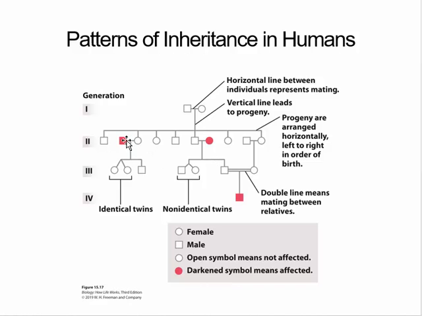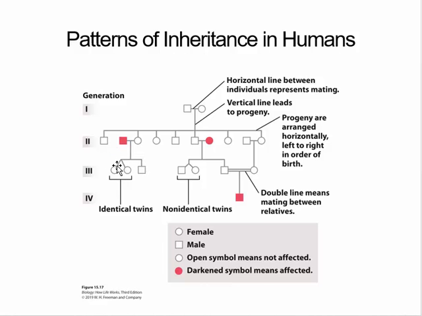Notice here, you see this red square, it's not connected to the line above. So this red square is not an offspring of parents in generation 1 here. This is a new individual that's appeared on our pedigree, with a horizontal line connecting to this female. This male mated with this female, and here are those offspring.